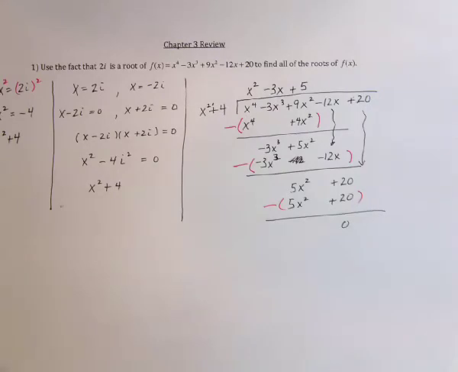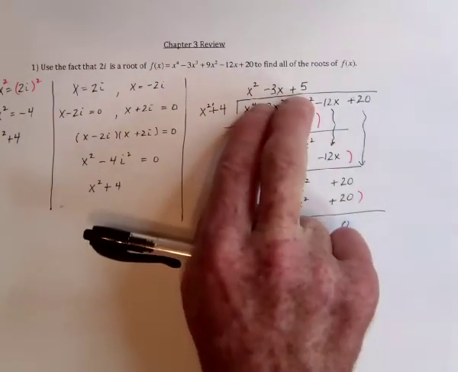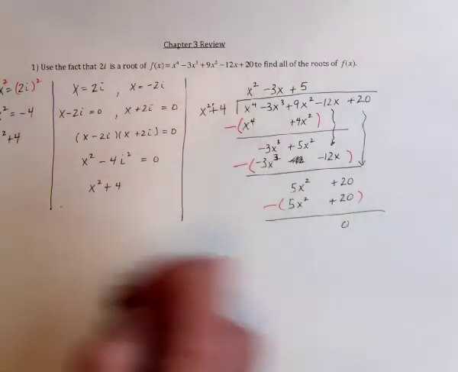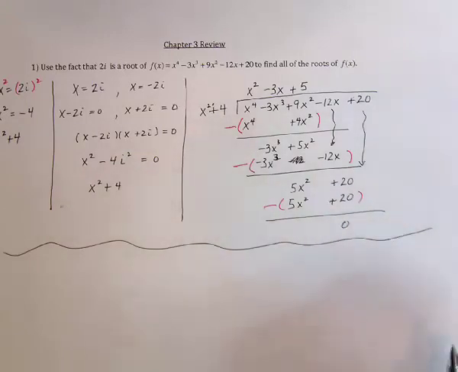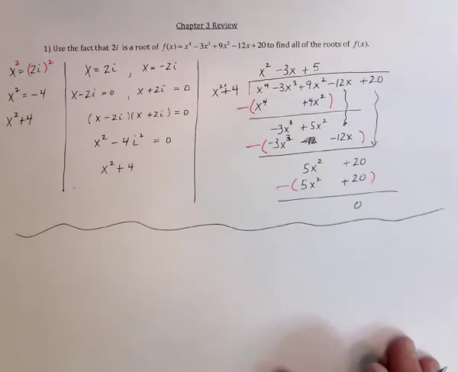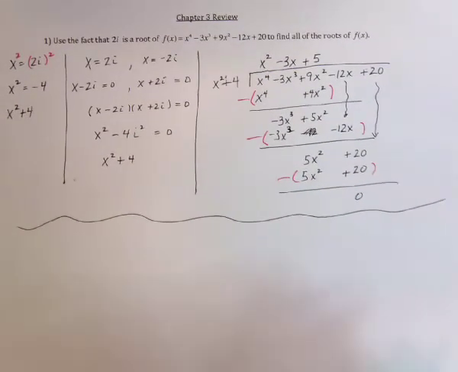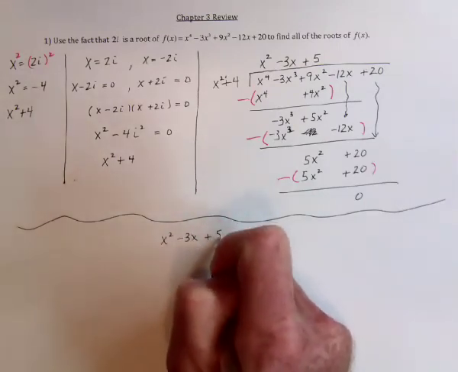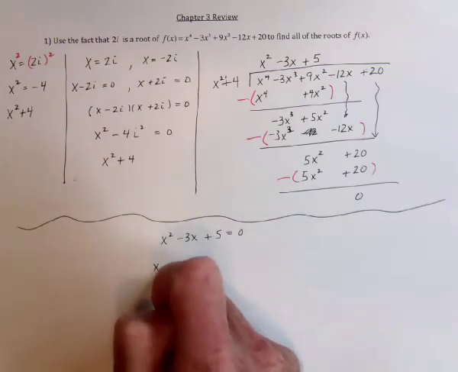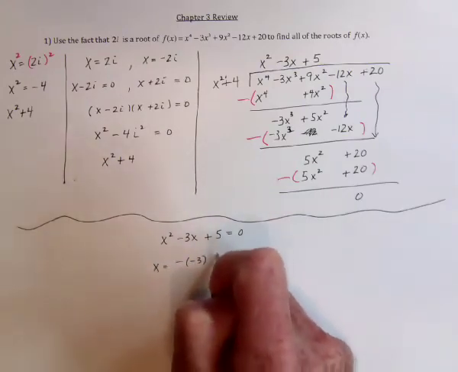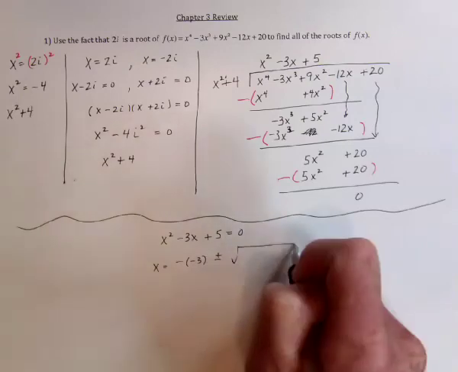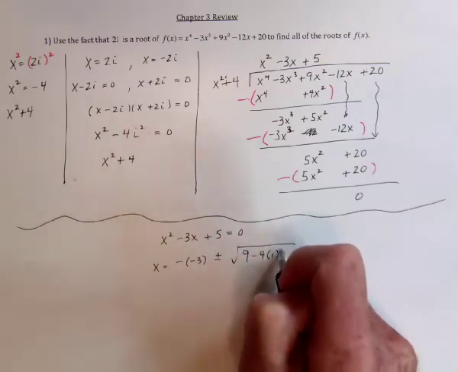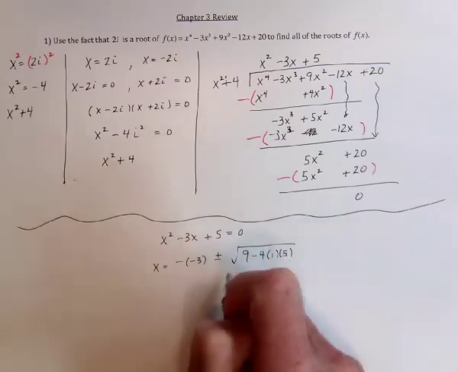But we're not done yet. Now we've got a quadratic, so there's 2 more answers that we get from the quadratic formula. So once all of that's done over there, now use the quadratic formula. So we've got x squared minus 3x plus 5 is equal to 0. x is equal to negative b plus or minus the square root of b squared minus 4 times a times c.